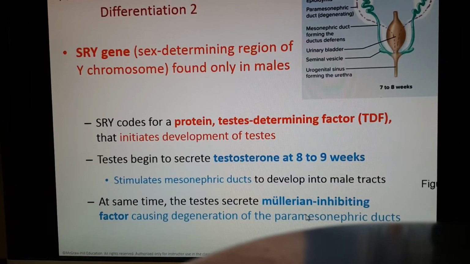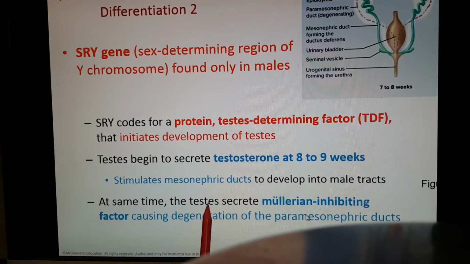So in the little picture up at the top, we see the paramesonephric ducts degenerating. Here in the purple, they're starting to degenerate because this reproductive system is not going to be female, it's going to be male. Your mesonephric ducts, in this green color, are starting to develop, which is a pre-development for the male reproductive system.